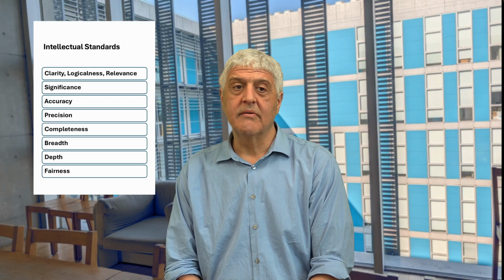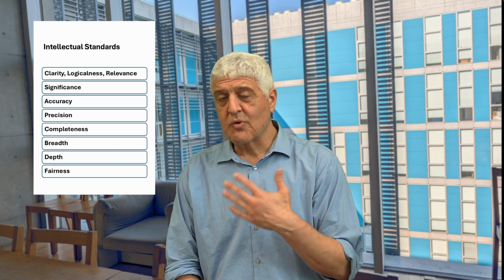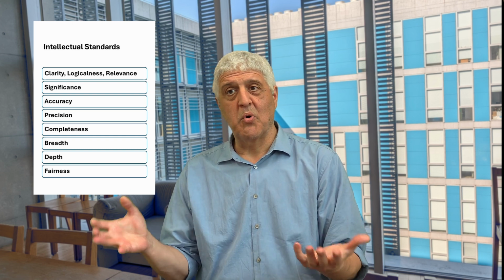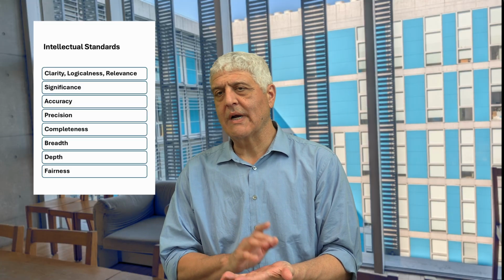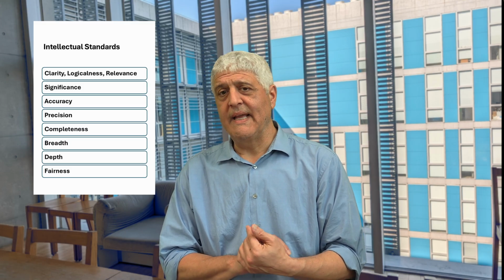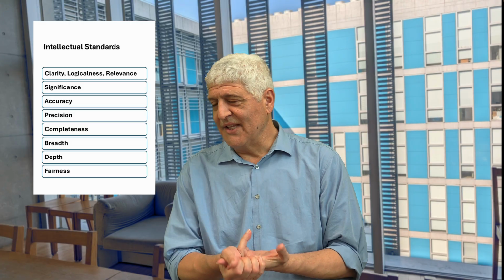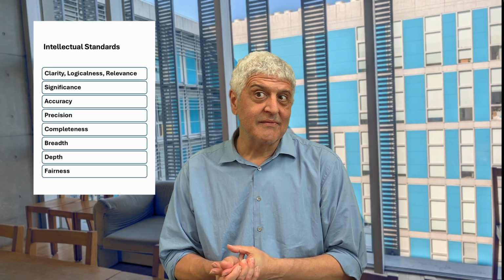The way I try to use the other standards is, if I write a sentence which is an important part of my opinion, then I will try to identify, at a minimum, will my audience be able to understand it? Is it clear? Is it relevant to the audience? And why do I think it's relevant for them?